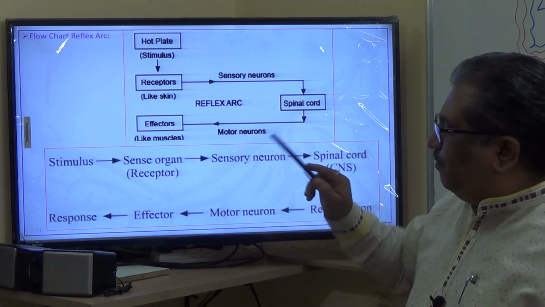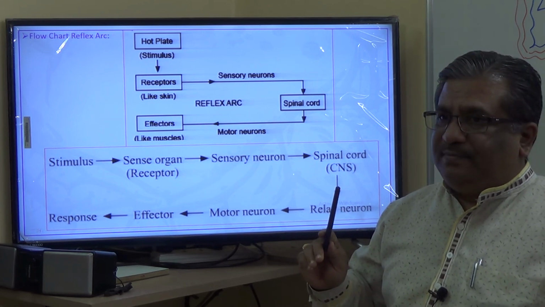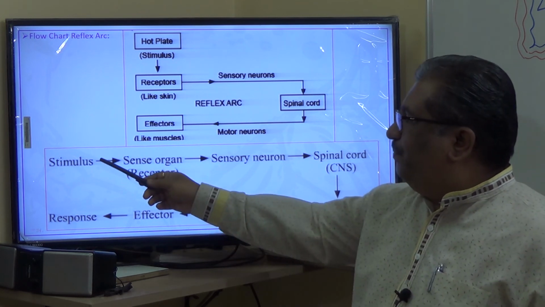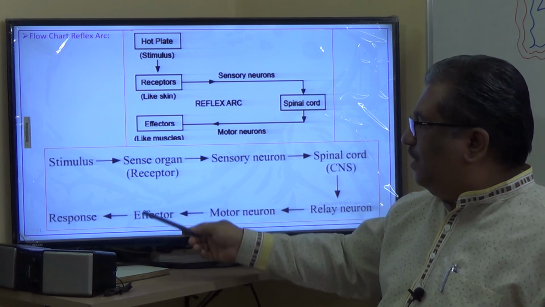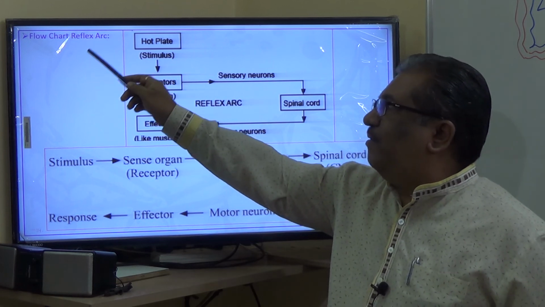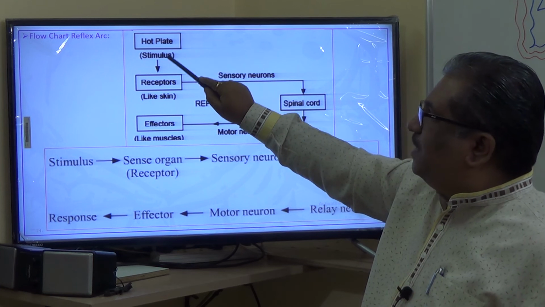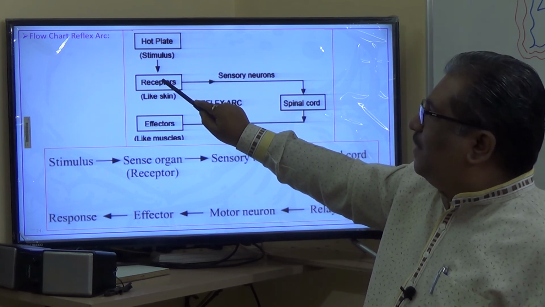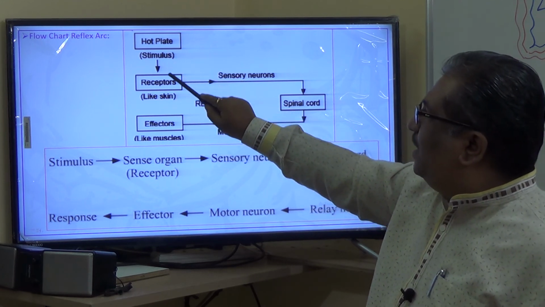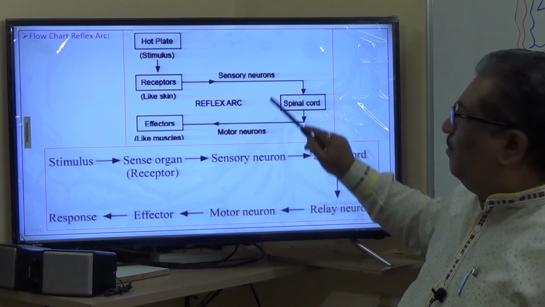This is the flowchart of the travel of the stimulus from the sense organ, that is the receptor, to the effector, and this is called a flowchart of the reflex arc. Here also the hot plate generates a stimulus, the receptor is the skin, then the stimulus travels from the receptors to the spinal cord via sensory neurons.